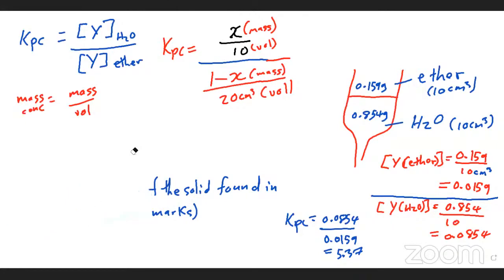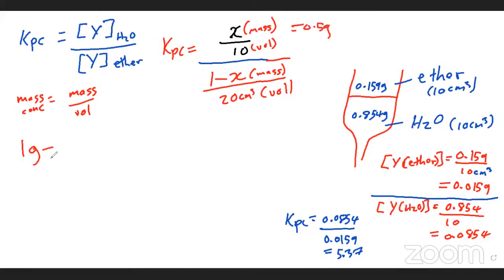All right. So remember we said that we're using X to represent what? Quickly. The mass of the concentration in the water. So if you have 1 gram, and you're using X to represent the amount in water, let's say X was 0.5 gram. That means to get the amount in the other layer, you would have to subtract 0.5 grams, right?